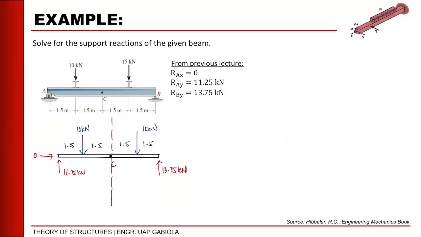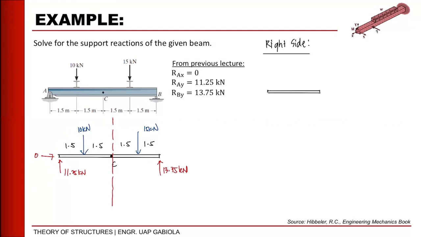Okay? So, ito yan. And then, ang focus natin ngayon is yung ating right side naman. Okay? So, now we consider yung right side ng portion natin. So, let me draw the beam. So, we have here yung rest ng beam natin. Nandito sa side na to, dito yung ating cut section natin.